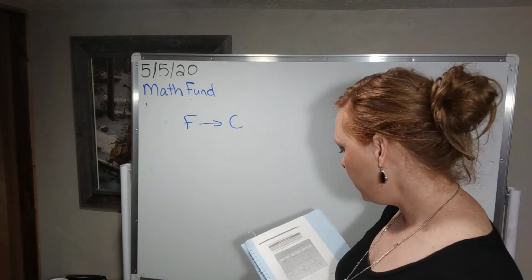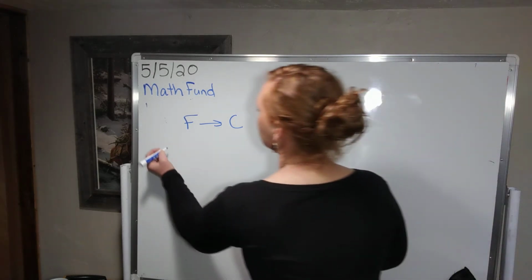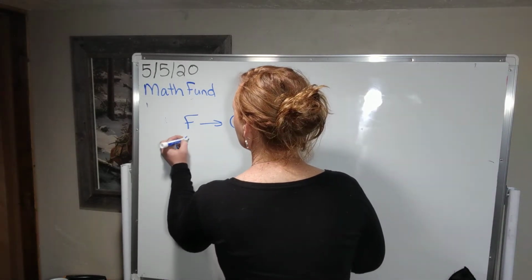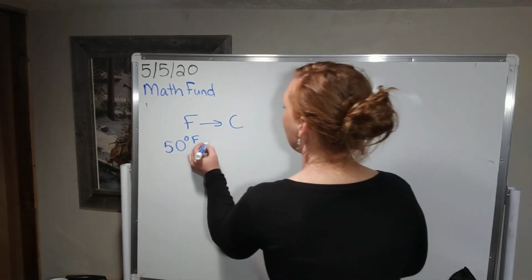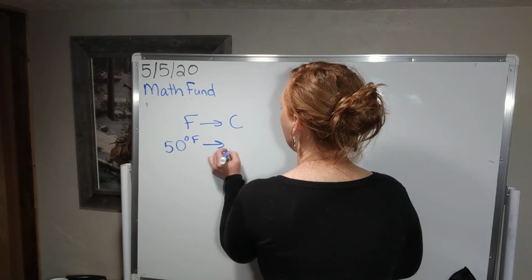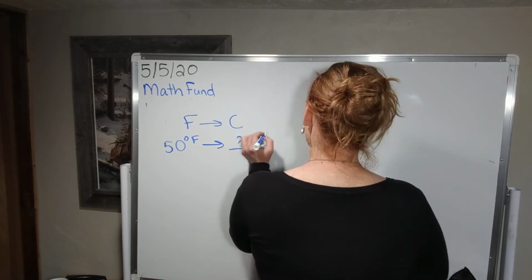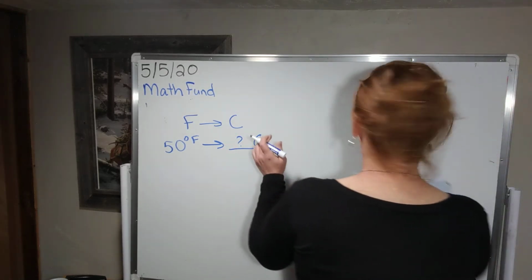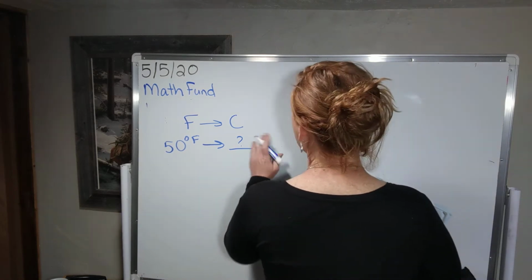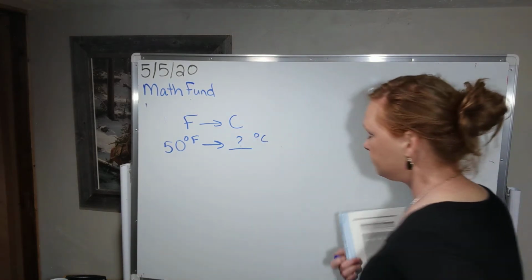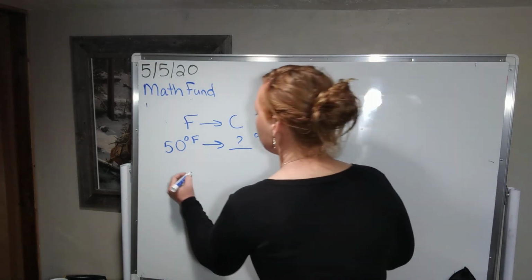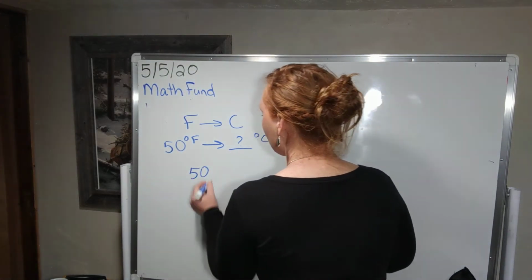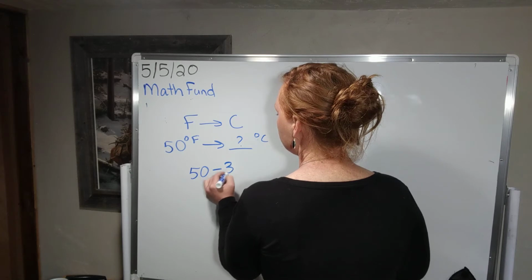Okay, and when we do that, they give us 50 degrees Fahrenheit, and they want us to convert it to how many degrees Celsius. So the first thing we have to do is we start out with our number, and we always subtract 32.